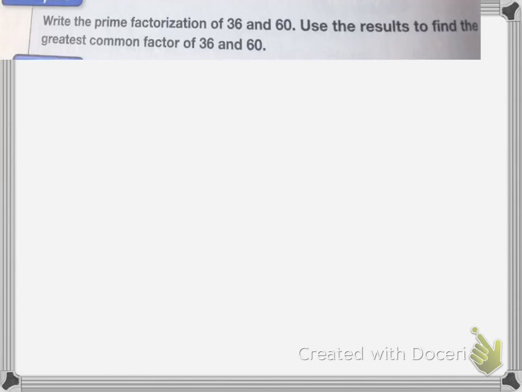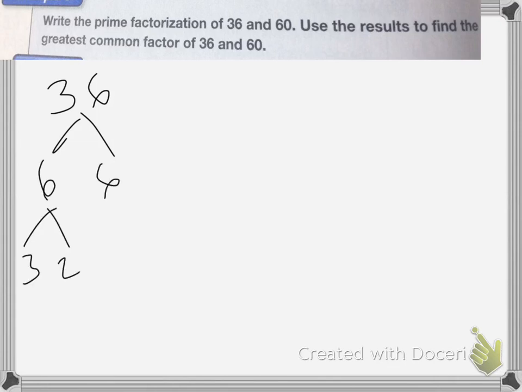This next one wants me to write the prime factorization of 36 and 60 and then find the greatest common factor. Okay? So what I'm going to do first is figure out the prime factorization. With these ones, I can go ahead and use the factor tree. I had 6 and 6, 3 and 2, 3 and 2.